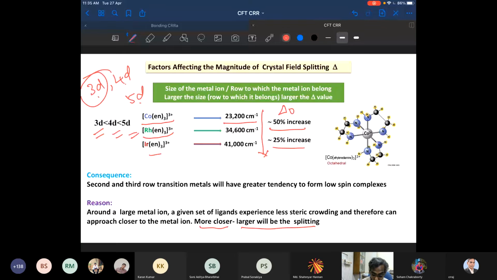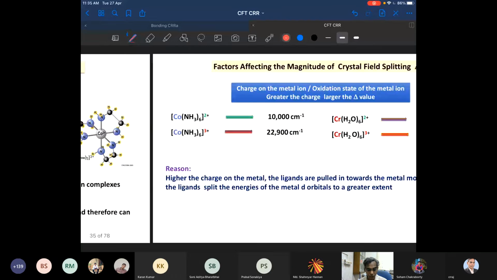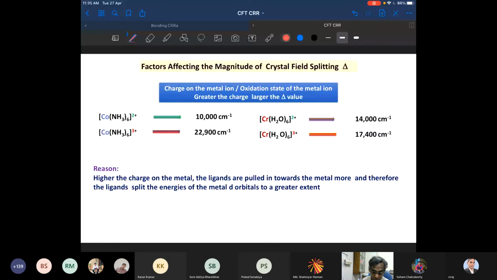So what you need to remember here is that as the size of the metal center increases, the delta O value increases. The consequence is that you go from high spin to low spin complexes. What is the reason? With a larger metal there is less steric crowding, so the splitting is more.